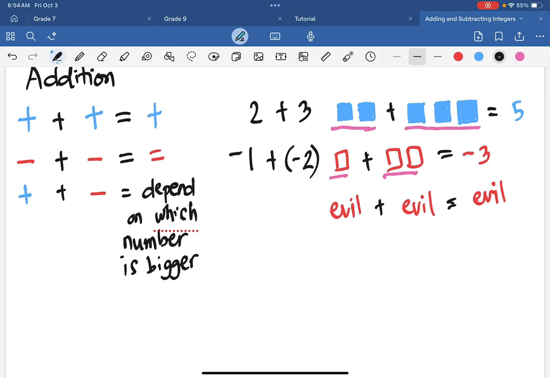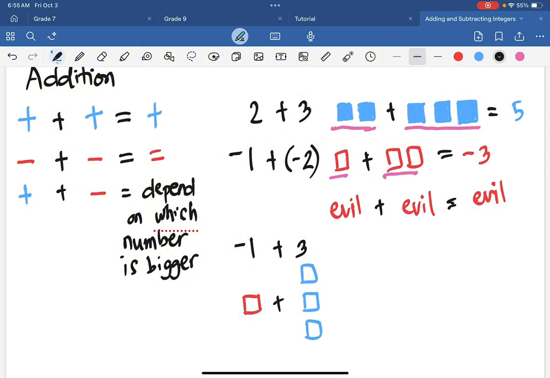Now how about adding a positive number and a negative? Like what I said, it depends on which number is bigger. Now let's try negative 1 plus 3. Let's imagine that we're still applying the concept of box and evil or goodness. So we have negative 1 for the red box and 3 boxes for the good.